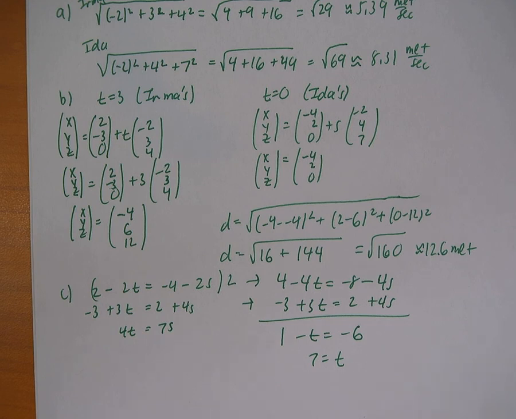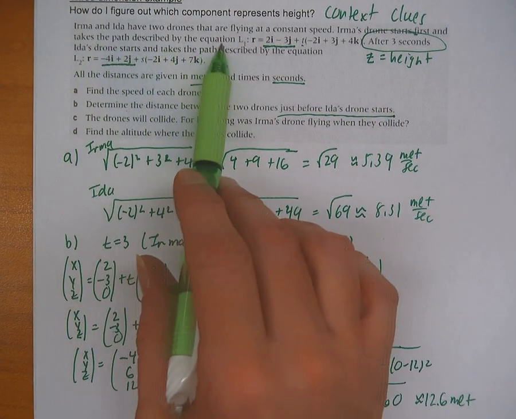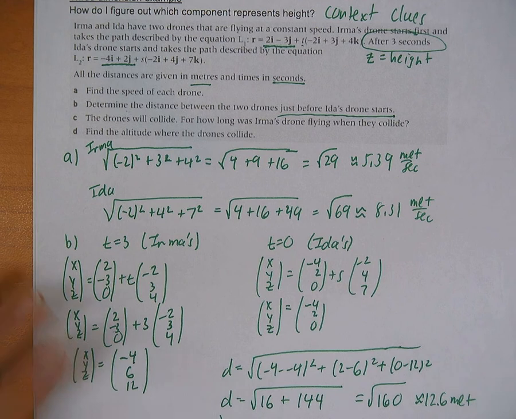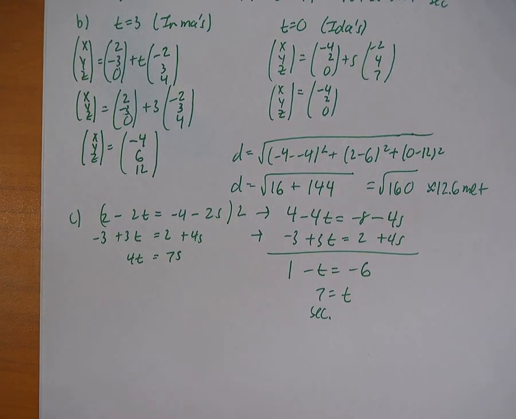Irma's drone, right? Irma's drone starts first and takes the path described by the equation. So, 7 seconds after Irma's drone begins is when they will collide.